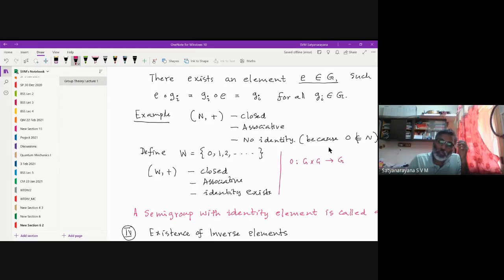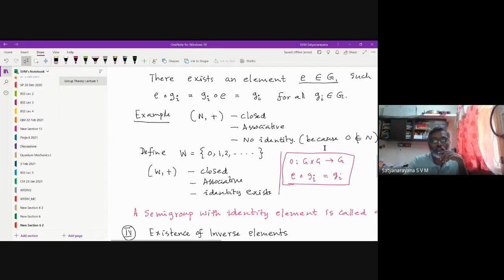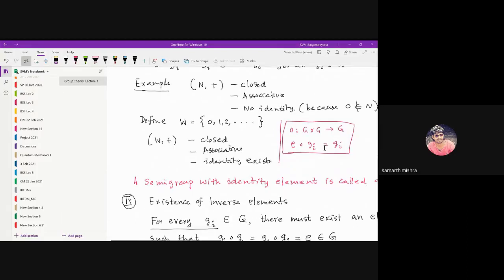Now suppose one of the elements is E, composed with any other element, let's say Gi, then this is Gi only. So this is the mapping. Correct. E with Gi is only Gi. That is how we will see it in the composition. Okay, sir. Thank you, sir.